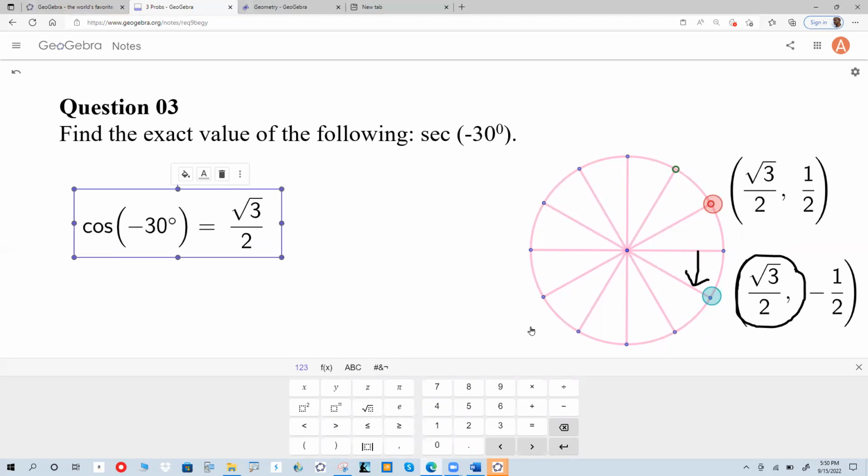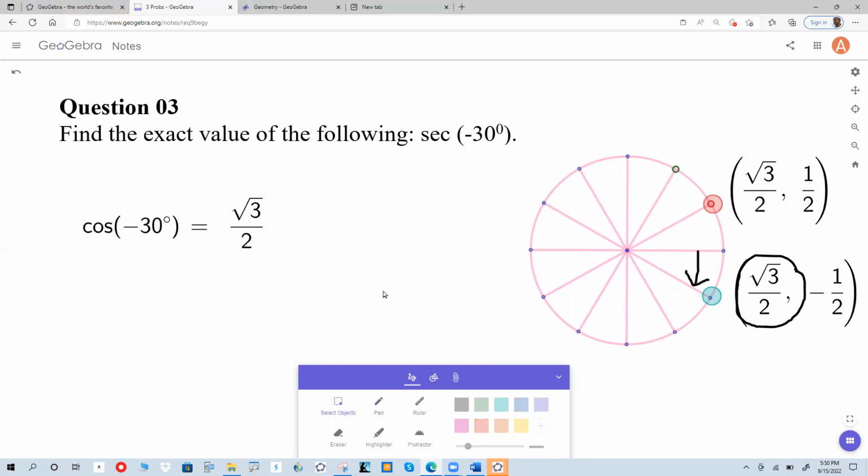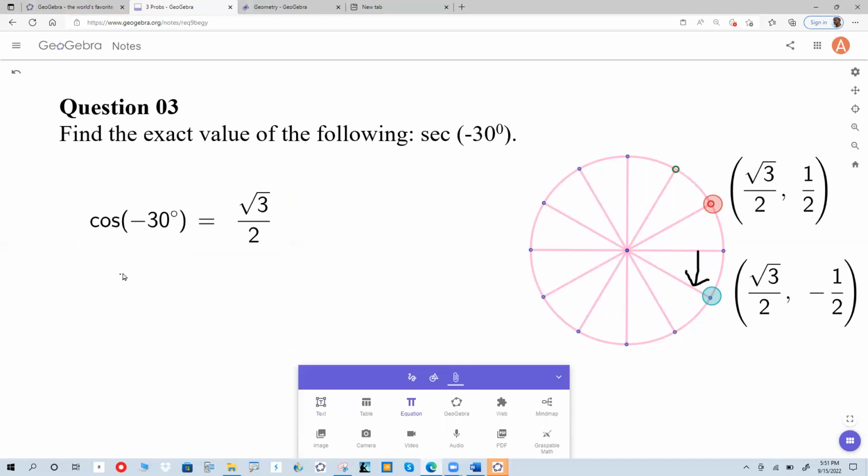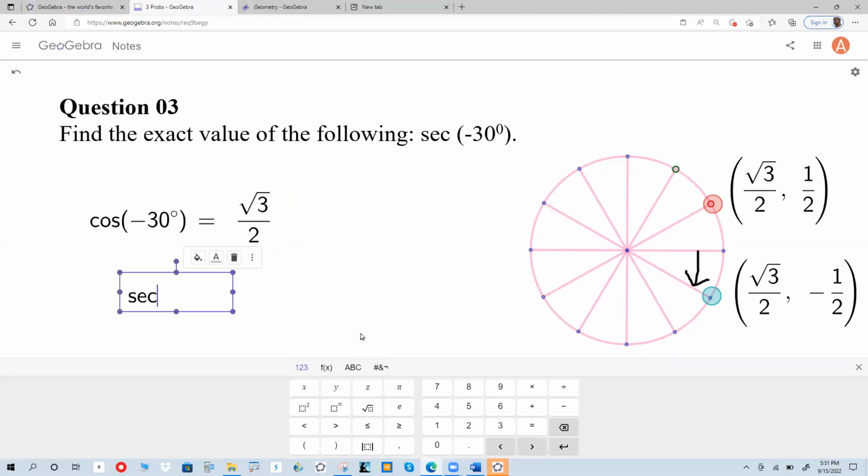So cosine negative 30 degrees is square root of 3 over 2. Again, I didn't use any calculators. And I really want to find secant negative 30 degrees. And I'm going to write it here. That has to be simply the reciprocal, 1 divided by that, done.